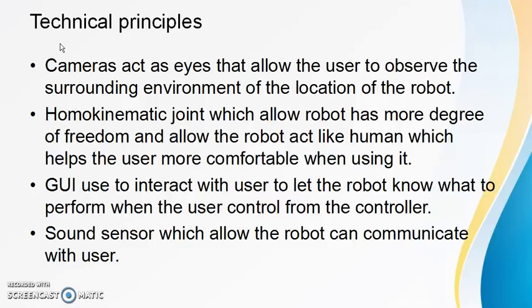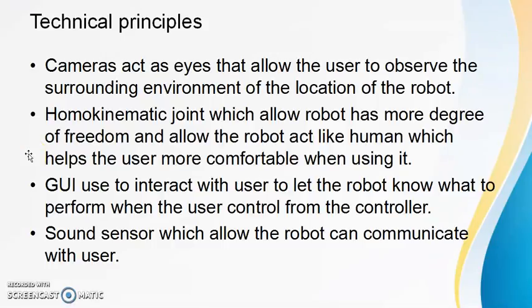So through the cameras, humans are able to record everything the robot is doing. The homokinetic joint allows the robot to move in more degrees of freedom and also to act like a human, which makes the user more comfortable when using it.